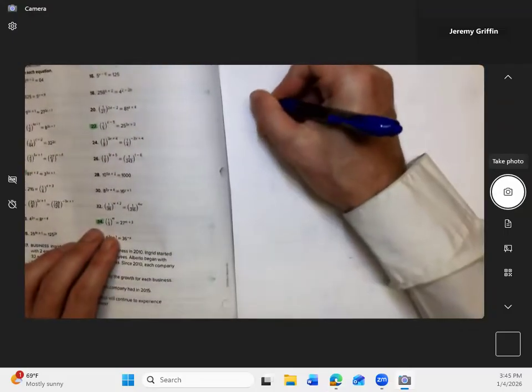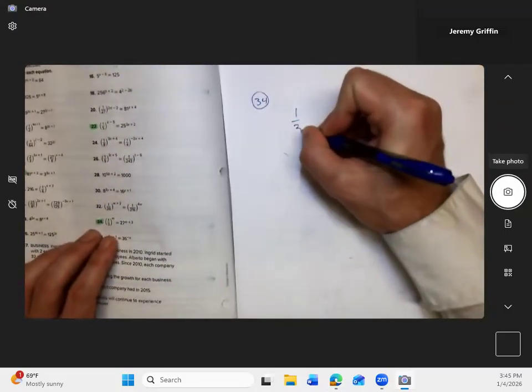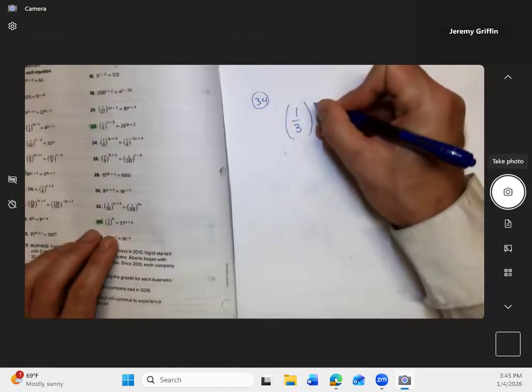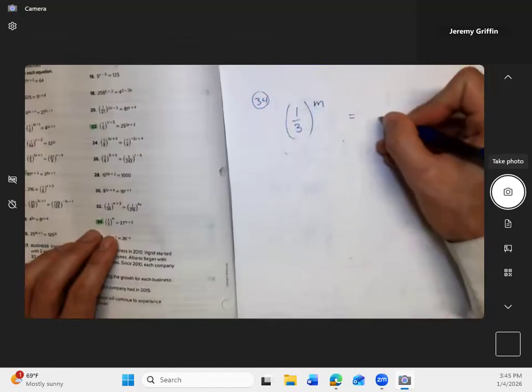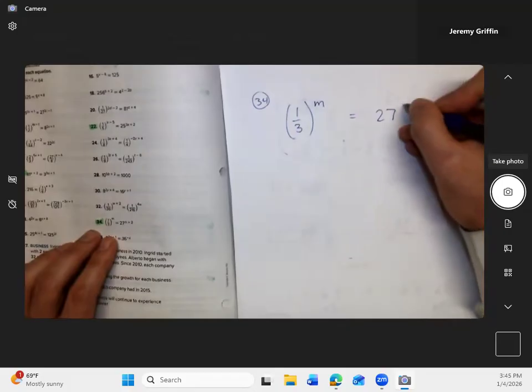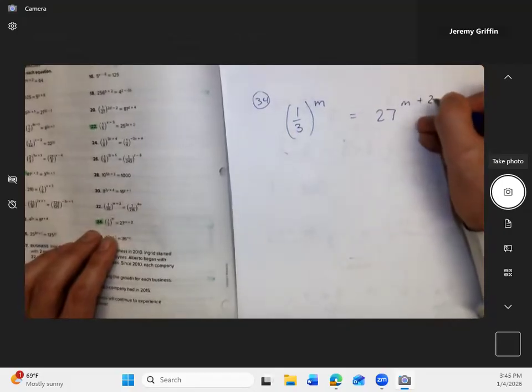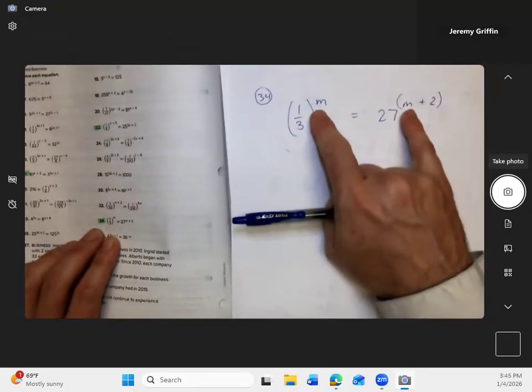34. We got 1 over 3 to the power of m equals 27 to the power of m plus 2. I guess we're solving for m.